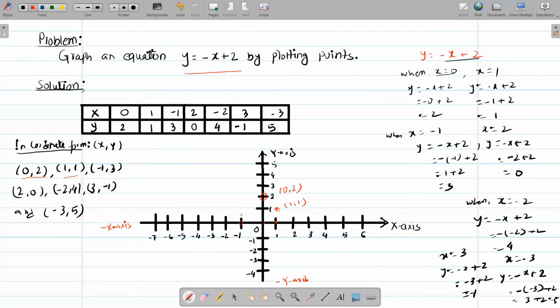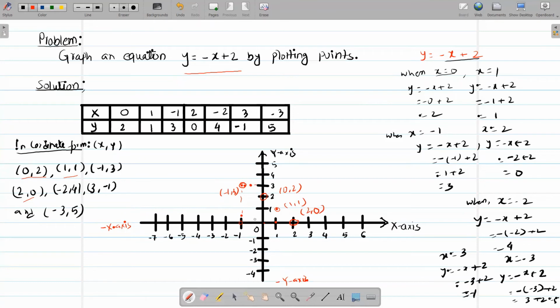So this is negative 1 and 3. Okay, now let's say 2 and 0. 2 is positive, 2 is this, and 0 is this coordinate, the x-axis is 0. So this is our 2 and 0.